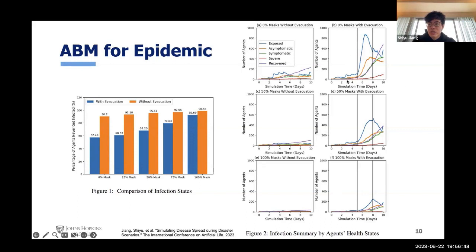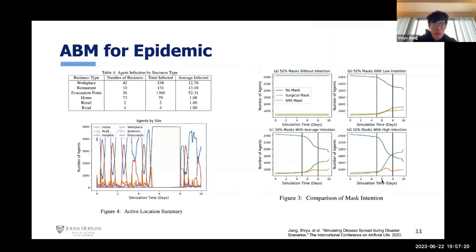We can just observe the right column of those figures. Basically, there are two black lines, which mark the period of the evacuation time. And as you can see, comparing zero masks and 100% masks, the unhealthy agents are dropping much more sharply.